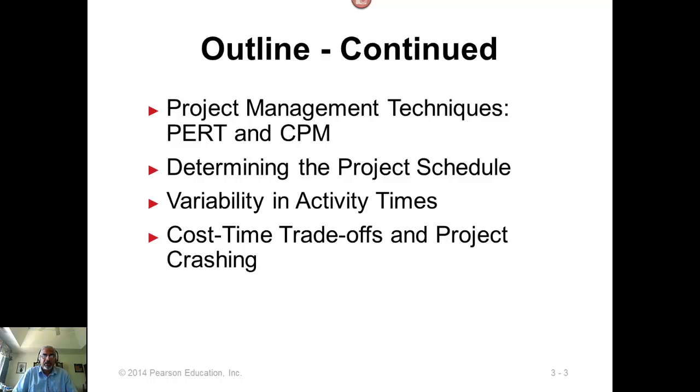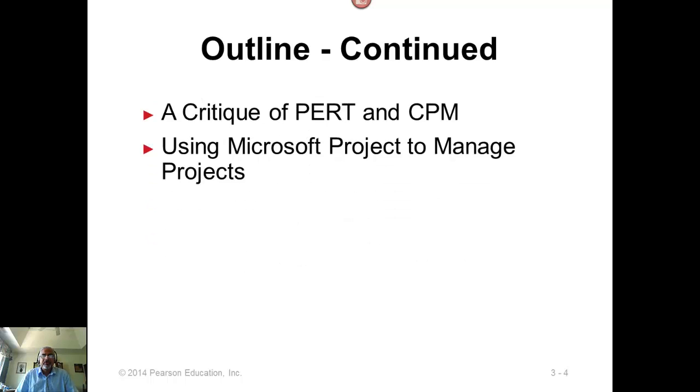We will also look at cost-time trade-offs, and when we try to spend additional funds to reduce the project completion time, and that is called project crashing in project management lingo. So we'll talk about project crashing. Then we will finish up with some discussion about PERT and CPM, and maybe we'll look at Microsoft project software.